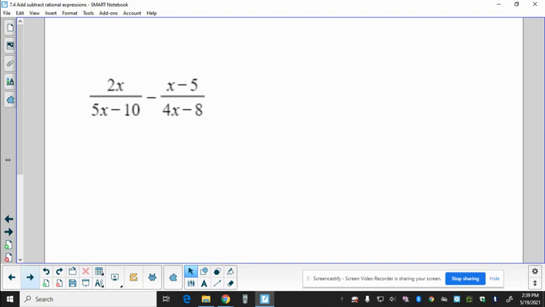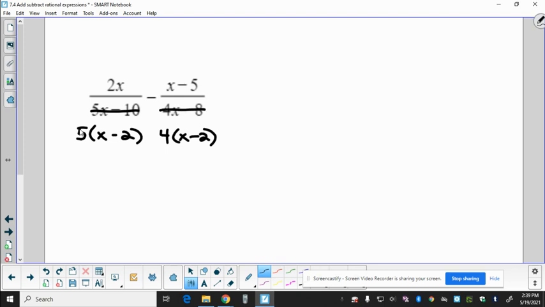See if you can work on this one here. I think I'll factor out a 5 and a 4. Let's see if you can start figuring this one out. I'm thinking we've got a 5 and a 4.